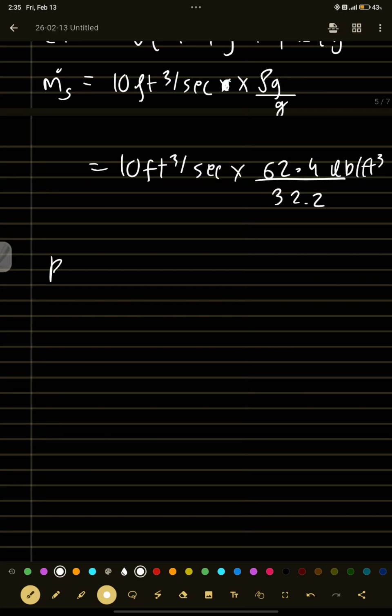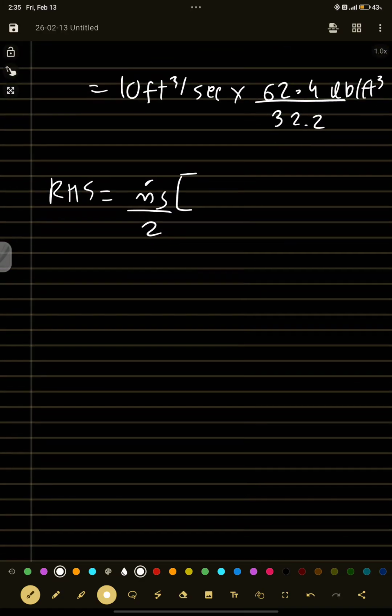So you can write uO1, or you can, since m dot s by 2 is common, use m dot s by 2 plus... you need not write the bracket. Unnecessarily it will create confusion.